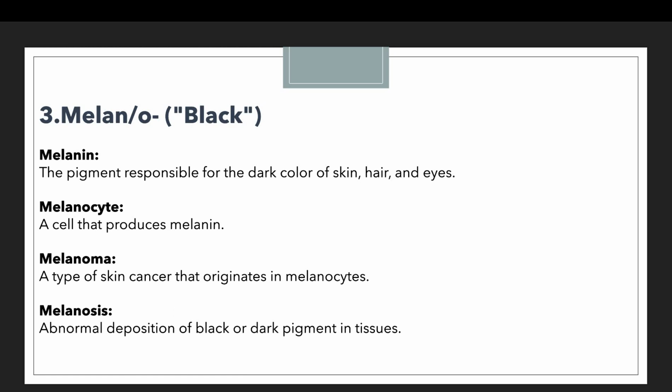So if a cancer arises in the cell that produces melanin, the pigment, then that type of cancer we denote with melanoma. After that, we have the last example, which is melanosis, which means abnormal deposition of black or dark pigment in tissues. Okay, so these are all the examples which we can use in order to indicate something as black with a medical terminology.